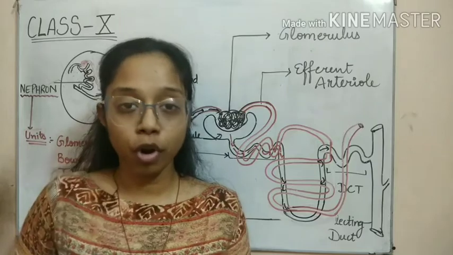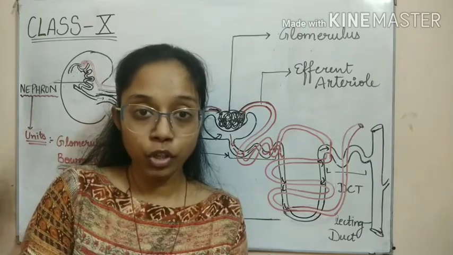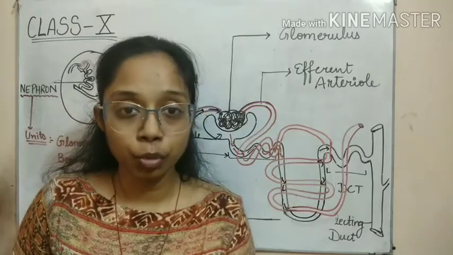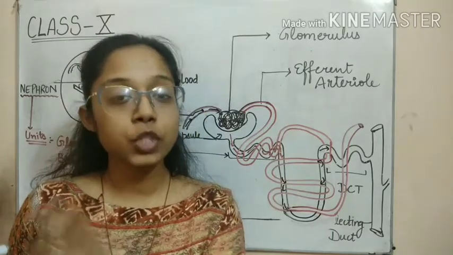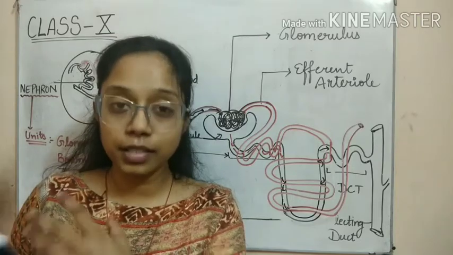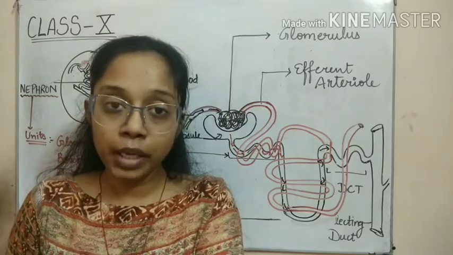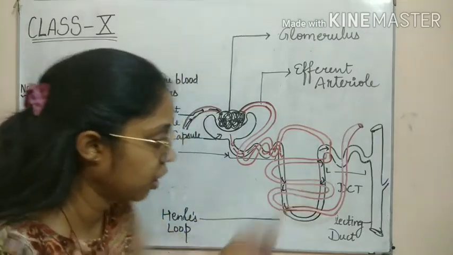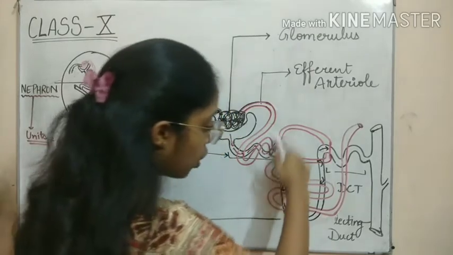The useful products from nephron tubule will go to the efferent arteriole, and the waste products from the efferent arteriole, if any, and the excess of water will be released into the tubule, which is shown in the black color.